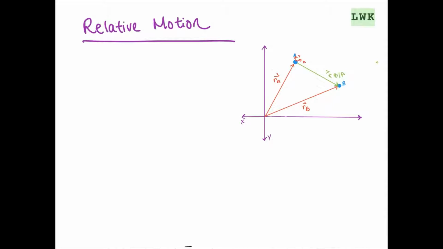So this gives us a vector triangle, and let's start writing some of this out. So we can say RB equals RA plus RB relative to A. So that's how you read this. So anytime you see a B/A, that would mean B relative to A.